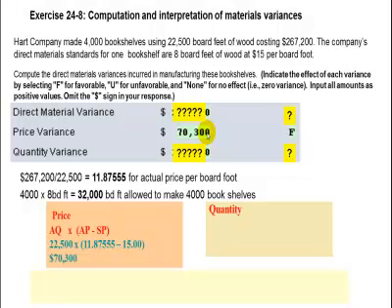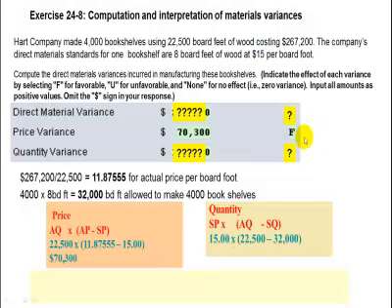Our next variance is a quantity variance. The quantity variance is going to be the standard price times the difference between the actual quantity and the standard quantity allowed to make 4,000 bookshelves. Plug in what we know. We know the standard price is supposed to be $15 per board foot. We got that from up here.